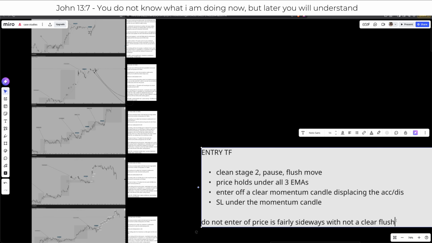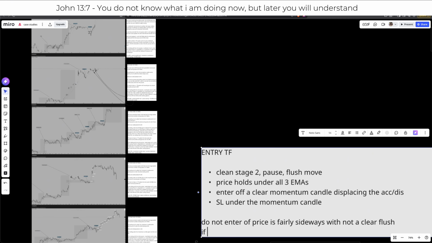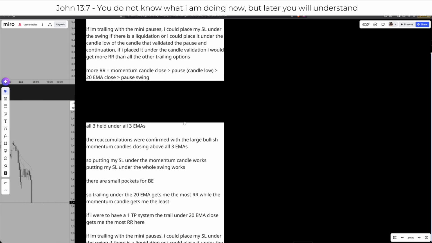If it's really wicky, actually, no, wicky's fine. I just don't want huge back and forth wicks. I feel like just entering when there's a clear flush is really all I'm looking for, to be honest.